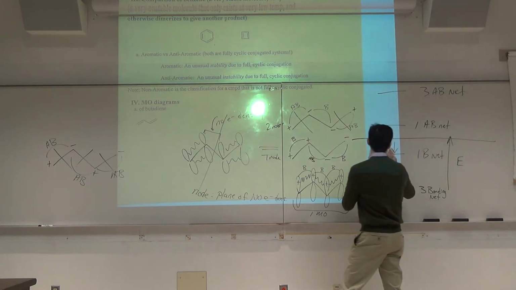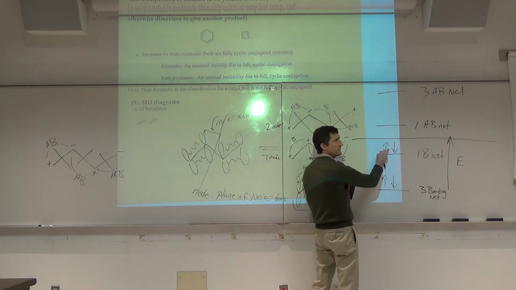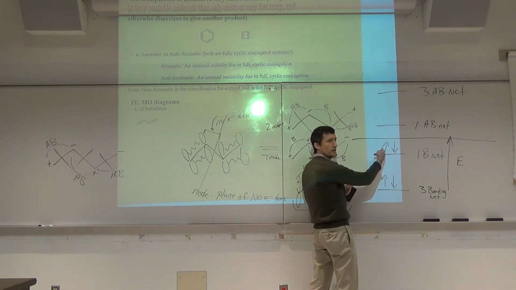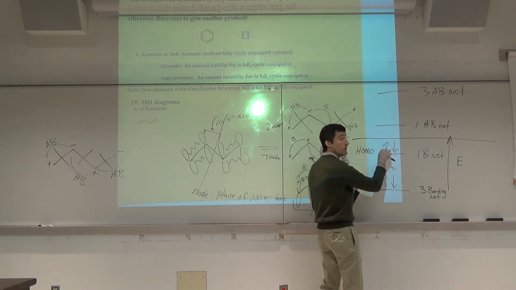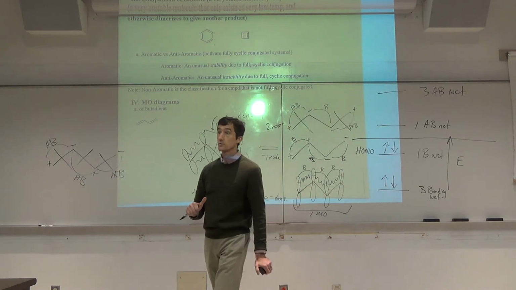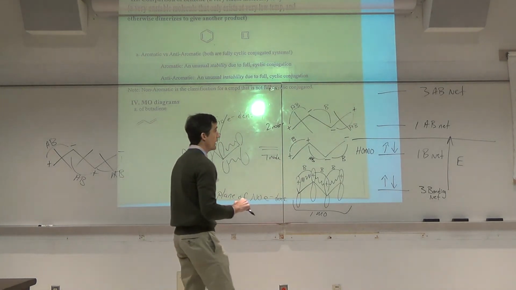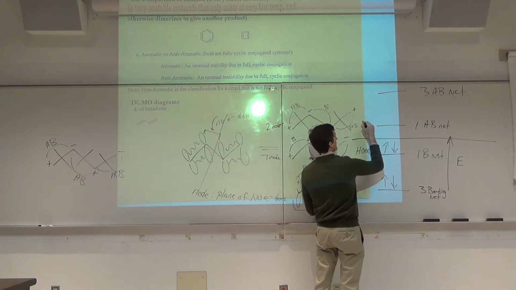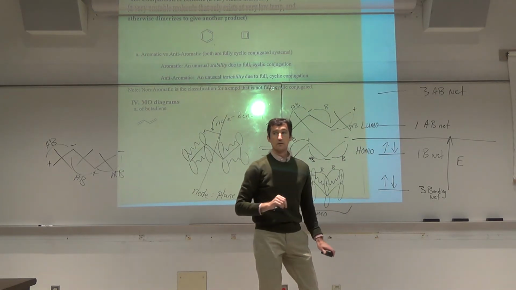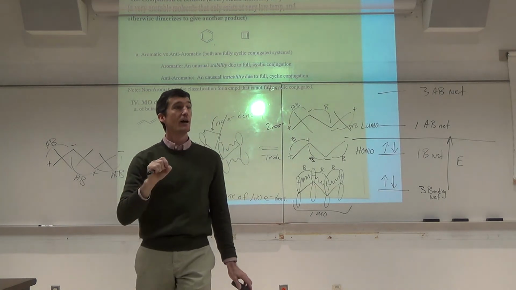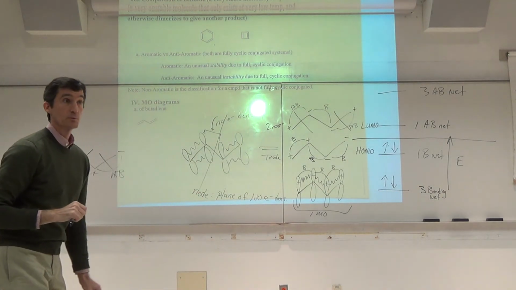By the way, what do you want to call this level? This is the level that's the highest occupied molecular orbital. What do you want to call that? It's your HOMO. Highest occupied molecular orbital, right? What do you want to call this one up here? LUMO, which means lowest unoccupied molecular orbital.